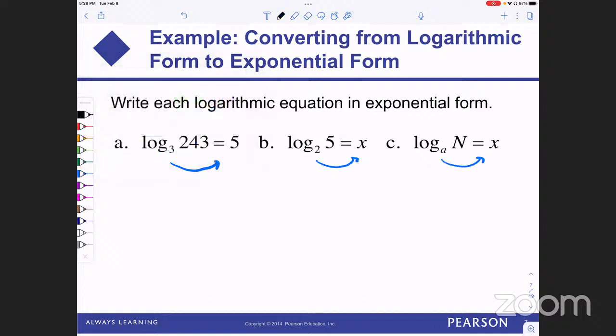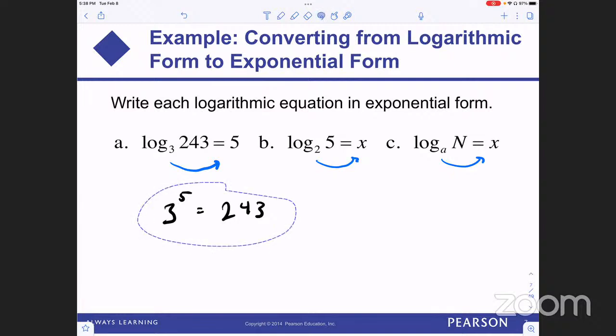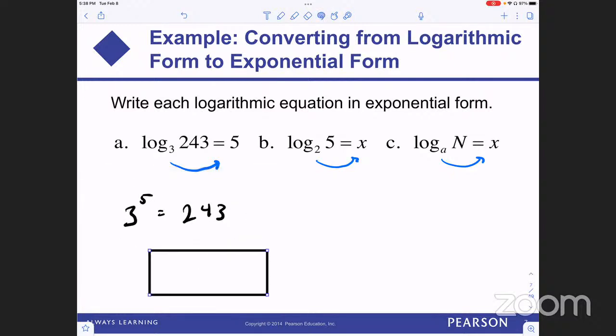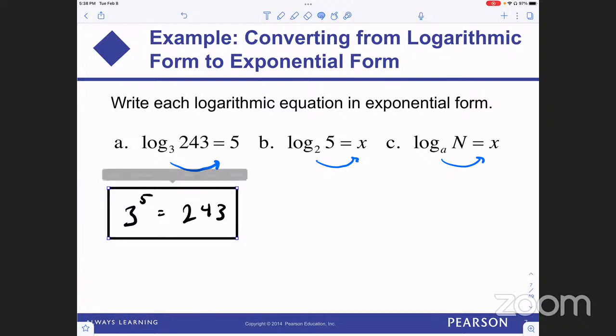So for A, 3 to the power of 5 equals 243. Then 2 to the power of x equals 5. And a to the power of x equals n.